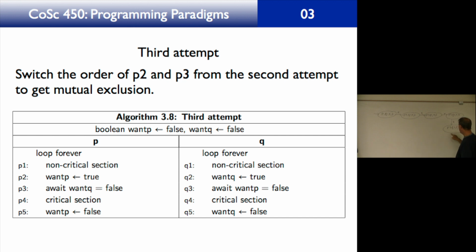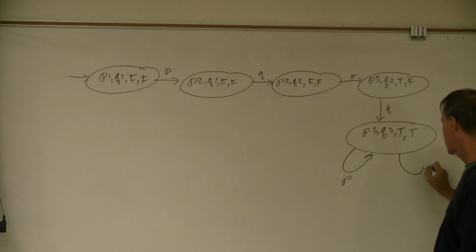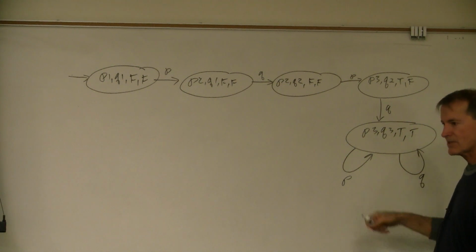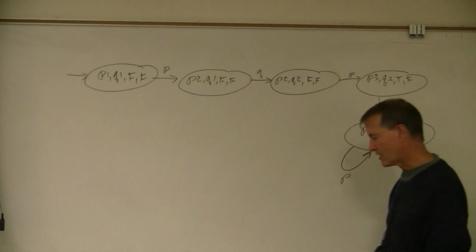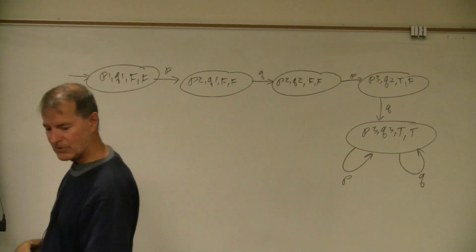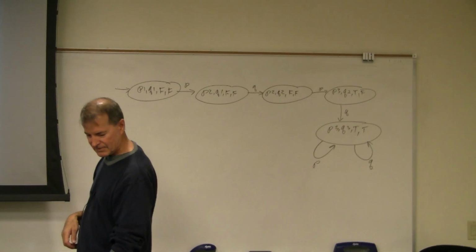Because if P executes, where will it go? Yeah, now if P executes, it'll go here, and if Q executes, where will it go? And so do you see that this is the state transition diagram that shows us the deadlock? See how these state transition diagrams work for us?